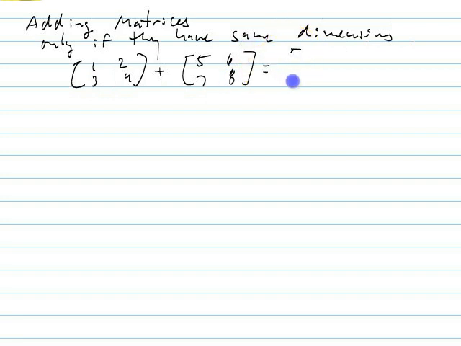And it's just like you would expect it to be. You add the corresponding elements together. 1 plus 5 is 6, 2 plus 6 is 8, 3 plus 7 is 10, and 4 plus 8 is 12. So adding matrices, if they have the same dimensions, it's very easy. You add the corresponding elements, and that becomes the new answer. If they have different dimensions, there's no answer, so then they can't be added.